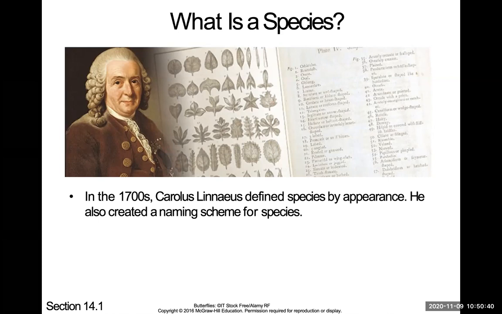So he put all the names in Latin for the different species. That way everybody knows there's this much research on this type of species. So he came up with that system, and his name is Carolus Linnaeus. That's an important name. You might see it on the exam as well. So make sure you write it down in your notes.